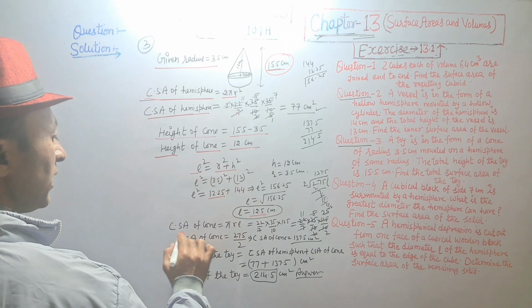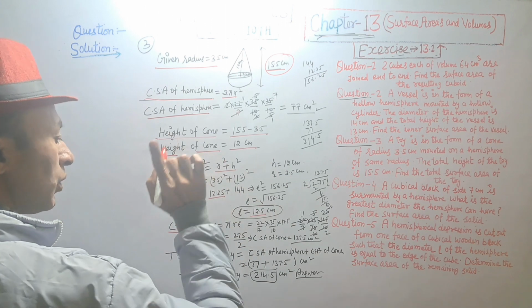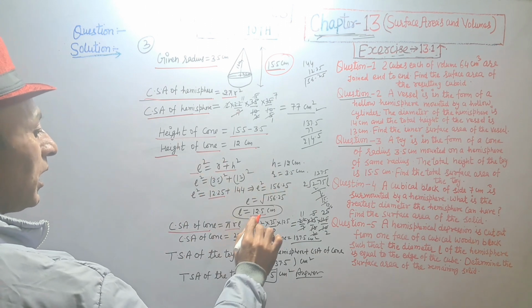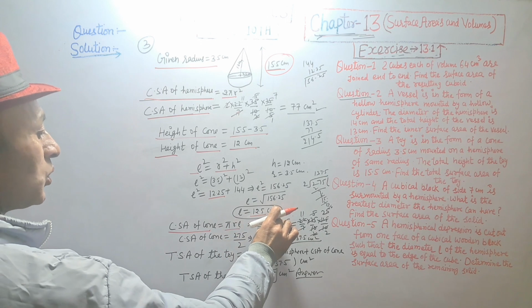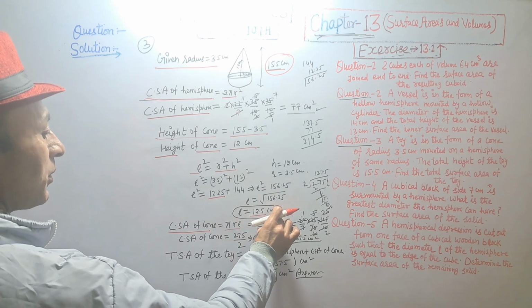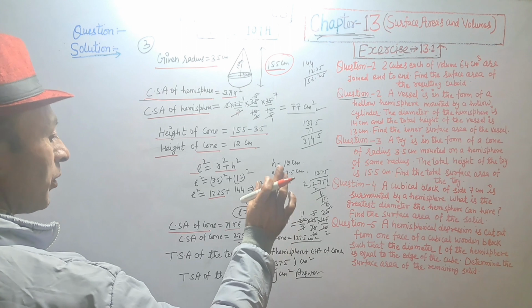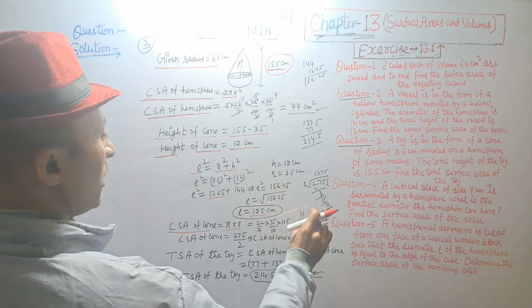Its slant height and curved surface area of cone is equal to pi r L. 22/7 into 3.5 can be written 35/10 into 12.5.